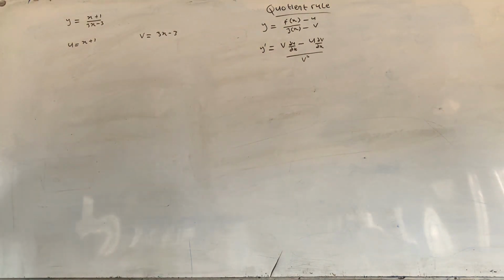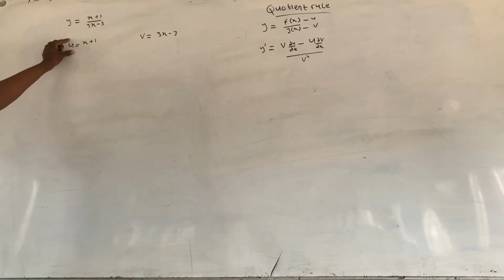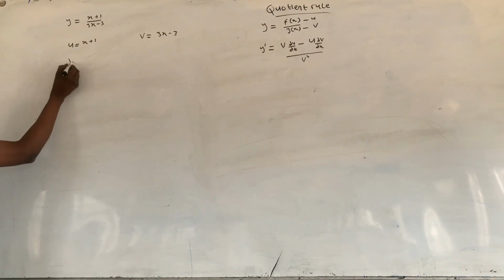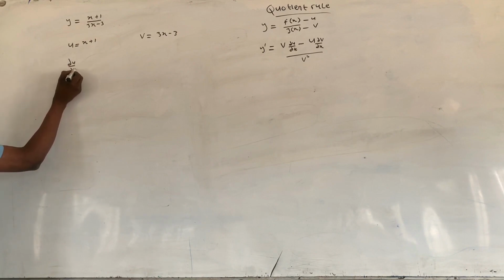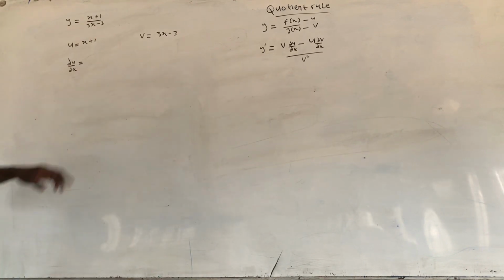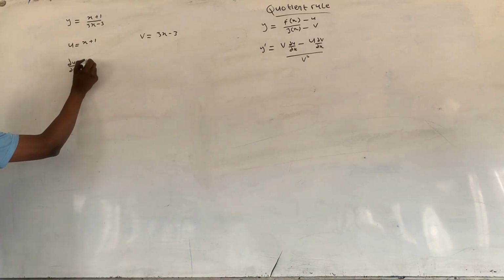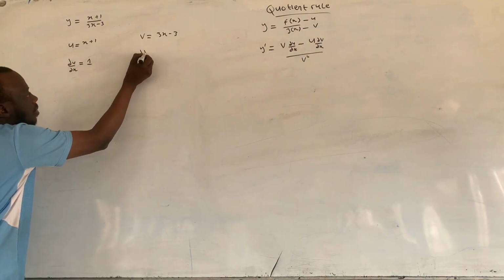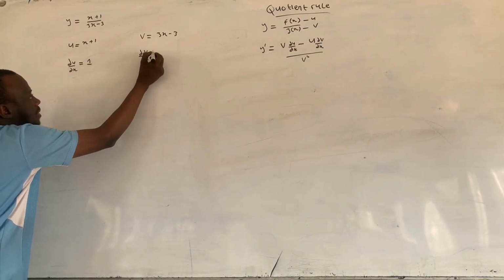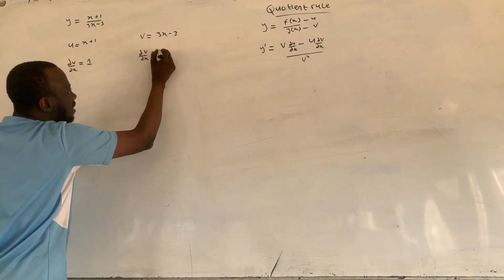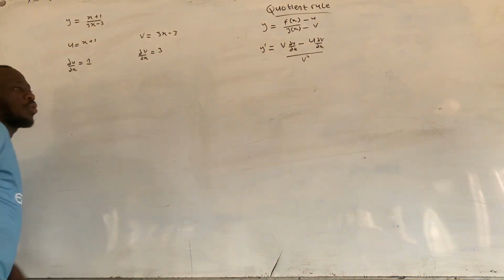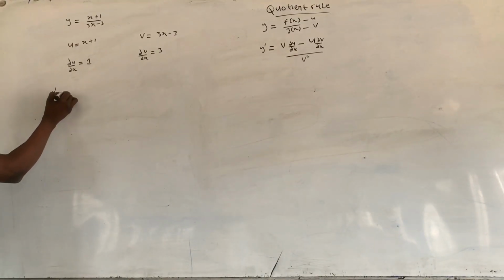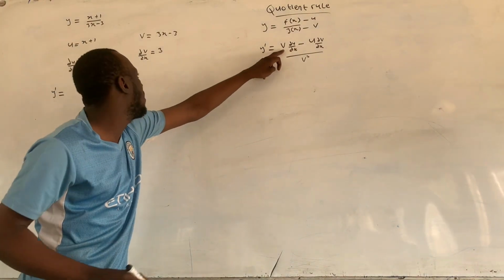We are to differentiate both sides. We will have du over dx. The derivative of x we know is 1, and the derivative of 1 is 0 already. Here dv over dx, the derivative of 3x is 3, and the derivative of 3 is 0.